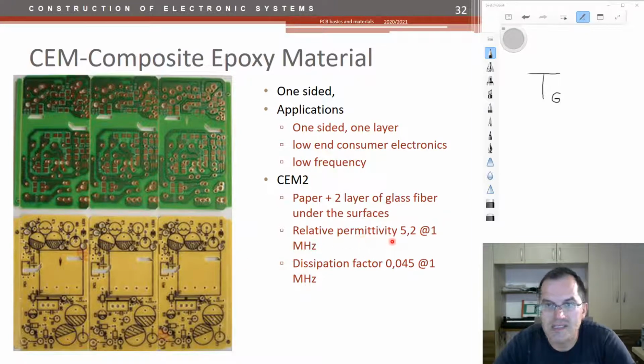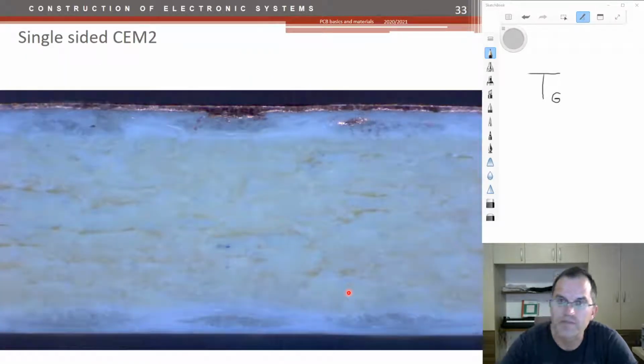But more or less, most of the data are similar to FR1, except it has 2 layers of glass fiber for better strength, and it's made of epoxy resin, not formaldehyde. They are still made for low frequency applications, one-sided single layer PCBs for low-end consumer electronics.